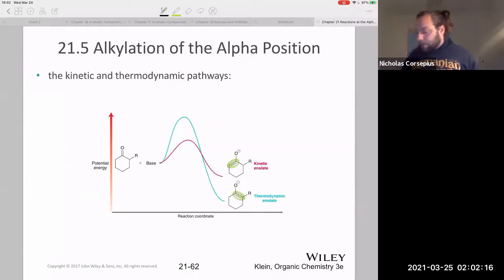And that's exactly what we're going to see here. This is just an illustration using a free energy diagram, right? Our kinetic enolate has the lower activation energy, but it's also less thermodynamically favorable, a higher free energy, compared to the thermodynamic product, which has the higher activation energy but a lower free energy.